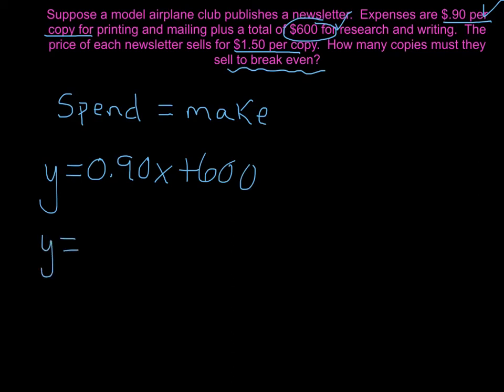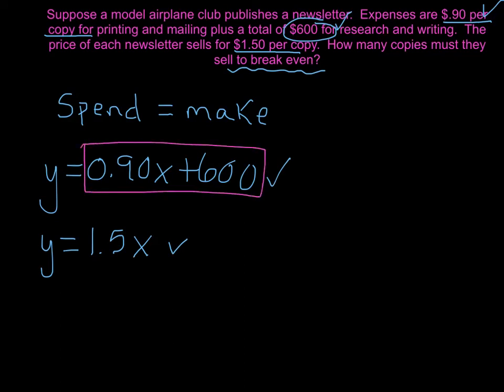They're selling them for $1.50 each per newsletter. So those are our two equations, how much money you spend and how much money you're going to make with the newsletter. So we're going to solve this by substitution, and we're going to plug this equation into the bottom equation.